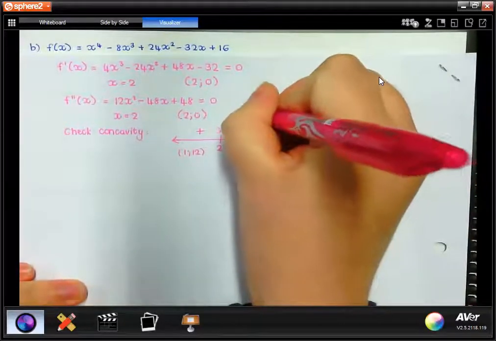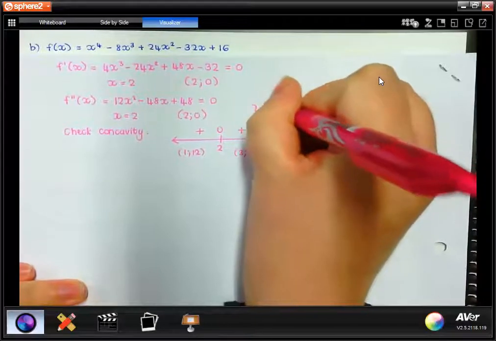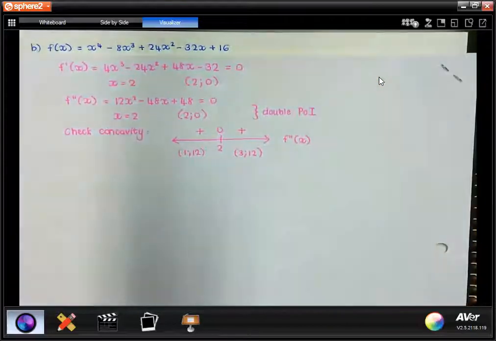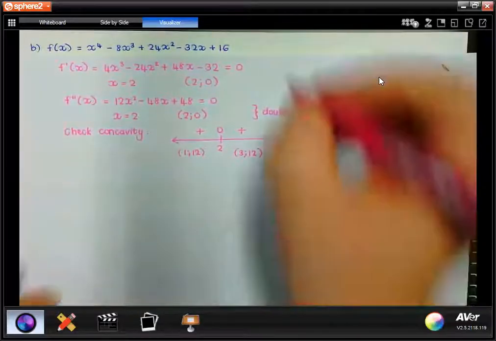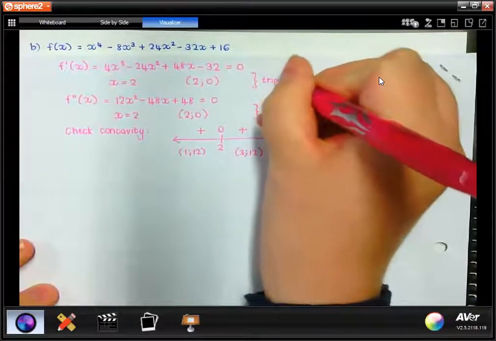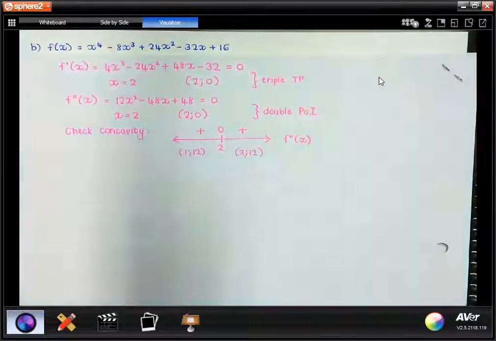So this is a double point of inflection, and it is a triple turning point. And it would just look like a quadratic, but with a flat width.